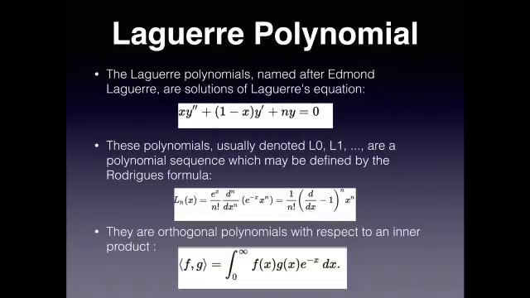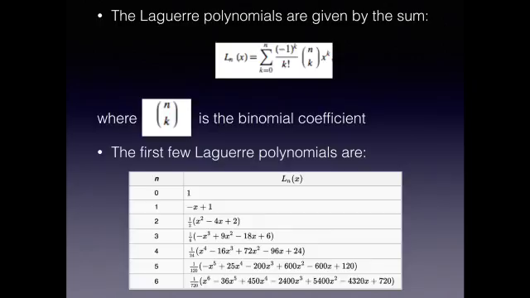The Laguerre polynomials are orthogonal polynomials with respect to an inner product. Next, another representation of the Laguerre polynomials, in addition to the Rodriguez representation, is given by the sum Ln of x equal to summation k equal to 0 to n of minus 1 power k by k factorial into nCk into x power k, where nCk is the binomial coefficient.